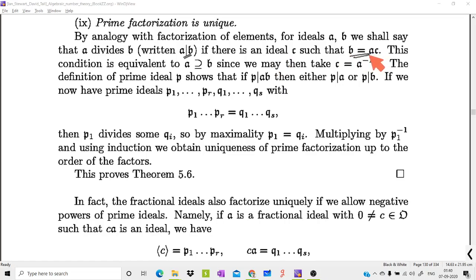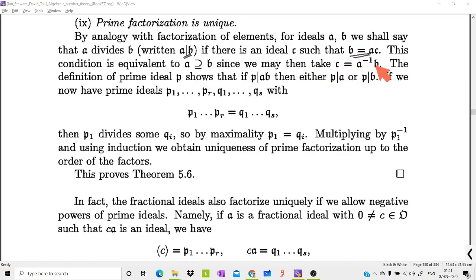And B equal to AC is equivalent to A containing B, because of the definition of the product of ideals. The product of A and C is contained in A as well as C. So the equivalence follows from this definition.